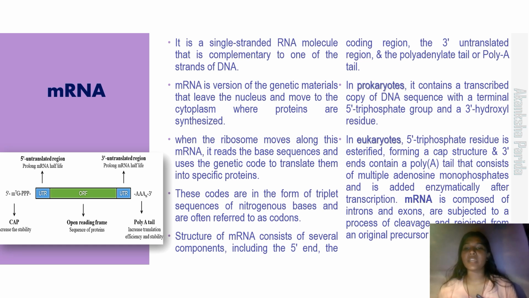The 3' ends contain a poly A tail that consists of multiple adenosine monophosphate, that is AMP, and is added enzymatically after transcription. mRNA consists of introns and exons and is subjected to the process of cleavage. In case of prokaryotes, it lacks a poly A tail and a cap structure. So that's why mRNA of prokaryotes is less stable as compared to eukaryotes.